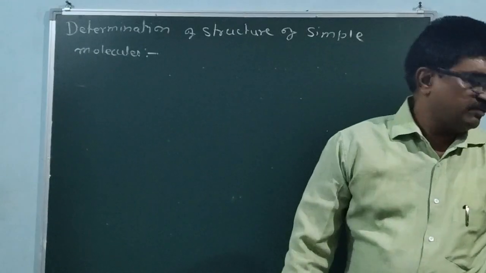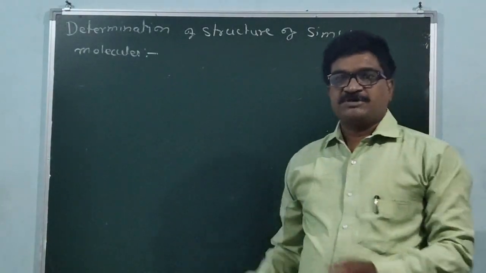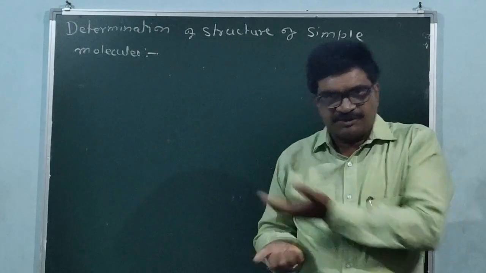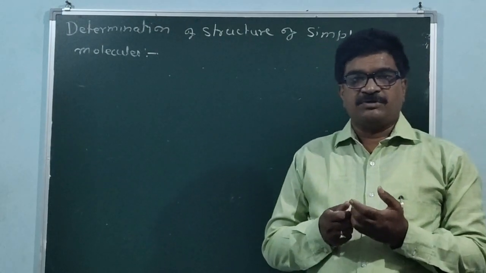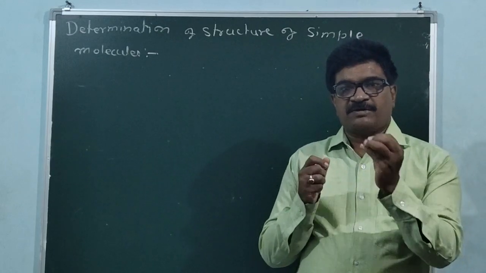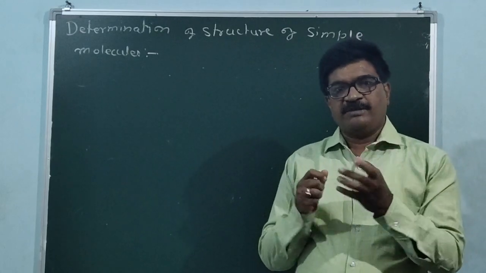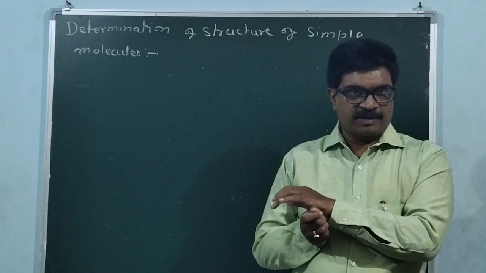The second method is a very easy method, because in this method we should just know how many electrons are contributed for the bonding by the bonded atoms.